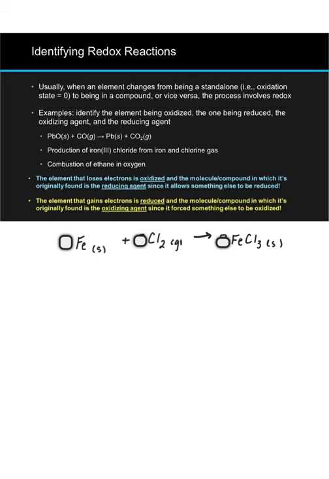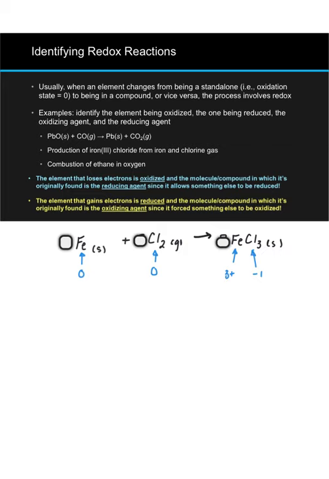Iron, as an element all by itself, must have a zero oxidation state. Chlorine, in its elemental form, an element all by itself, albeit two of the same element in a molecule, must also have a zero oxidation state. But in a compound, chlorine, being the most electronegative atom in FeCl3, gets a -1 oxidation state.